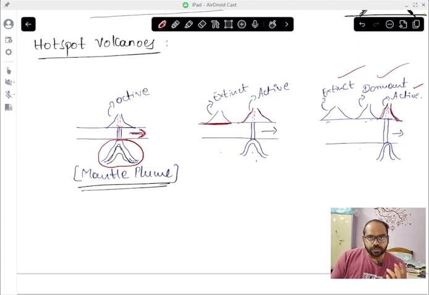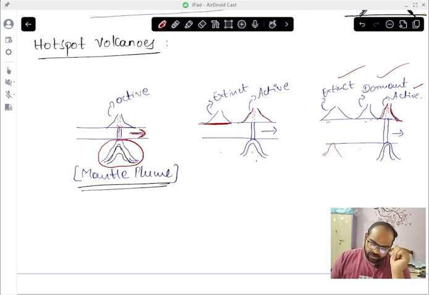Hotspot volcanoes are places where we can see a series of extinct, dormant, and active volcanoes. Extinct, it formed millions of years back. There is no mantle plume to make the magma come out.